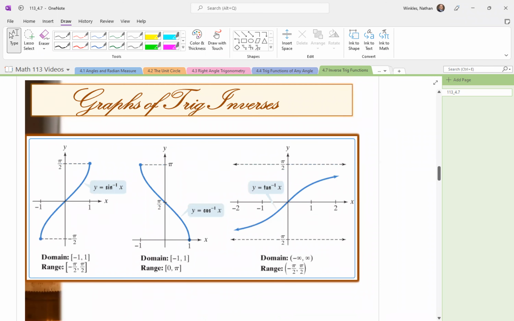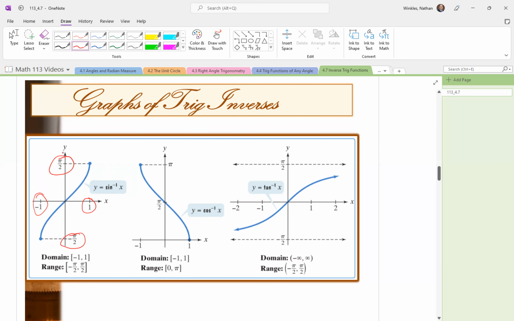So if we look at the graphs of our inverses based off of those that we already found, notice that for inverse sine of x, we have a domain from -1 to 1 and a range from negative pi over 2 to pi over 2. If you remember back to pre-calculus when we talked about inverses, we switched the x and y.